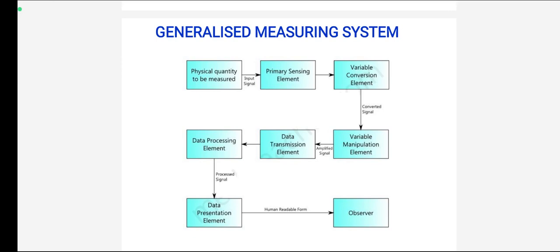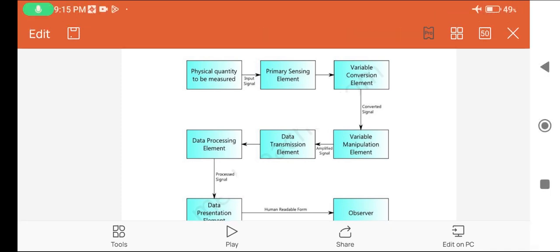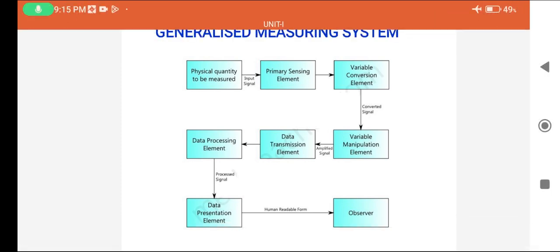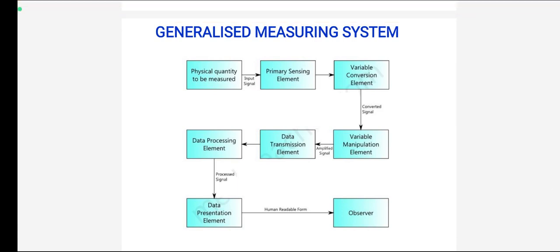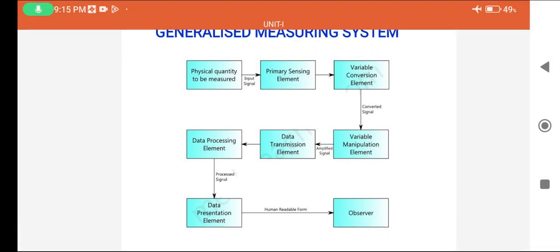So this manipulated signal is transmitted to the data transmission element, and finally the data presentation element receives the signals and represents the digital value or numerical value of the measured quantity, and the observer will observe and note down the measured quantity. These are all the functions of the generalized measurement system.